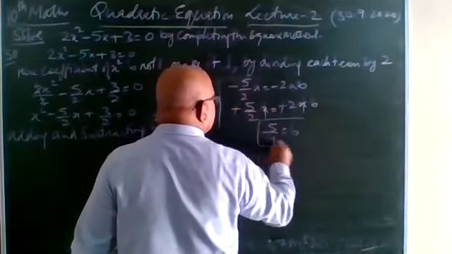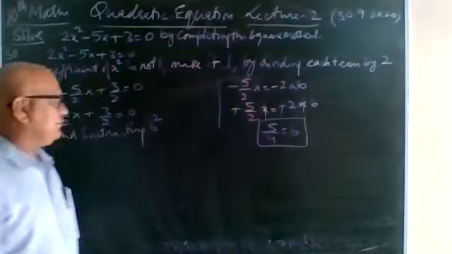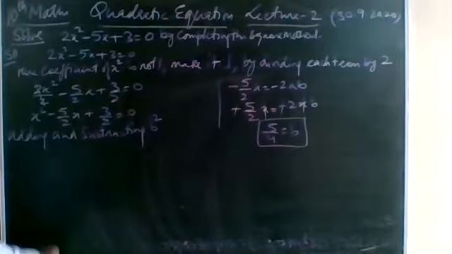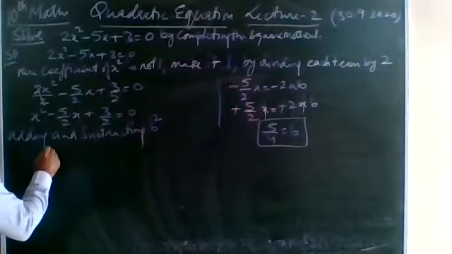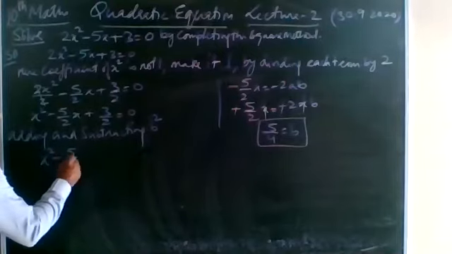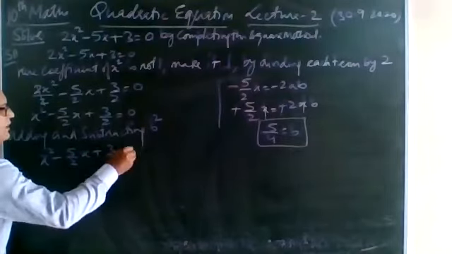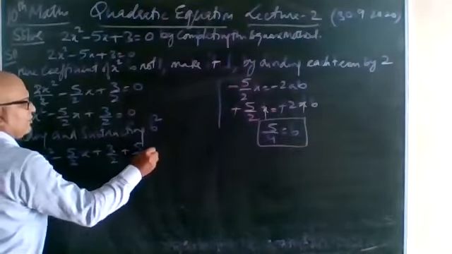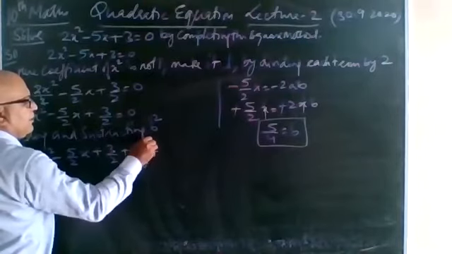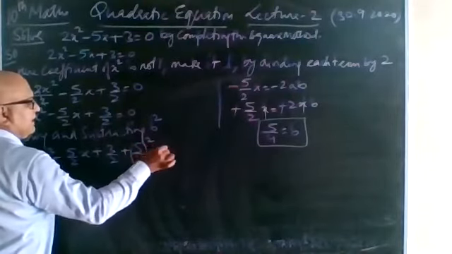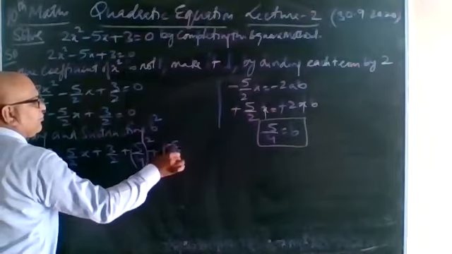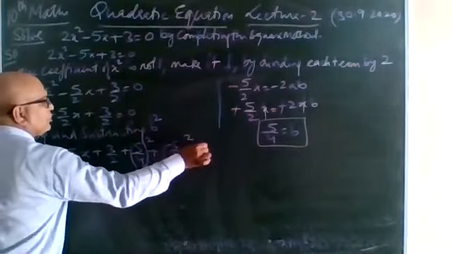So x square minus 5 by 2 x plus 3 by 2 plus 5 by 4 whole square minus 5 by 4 whole square equal to 0.